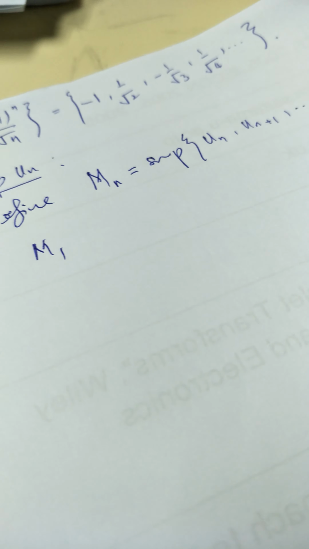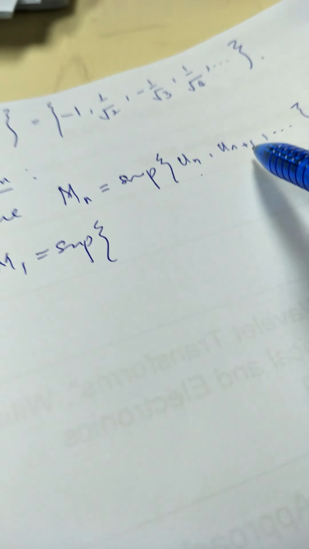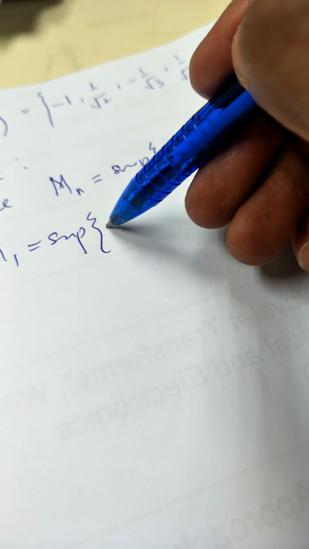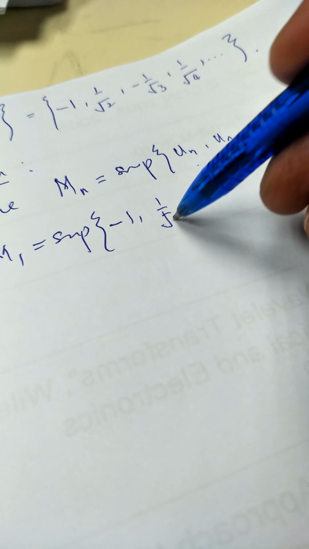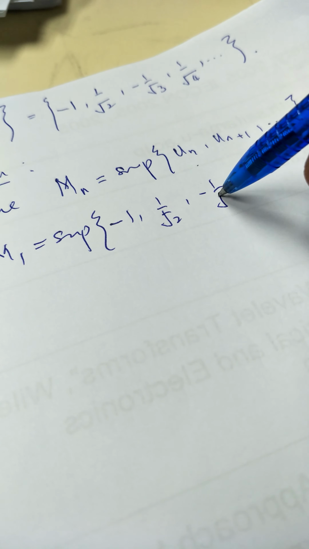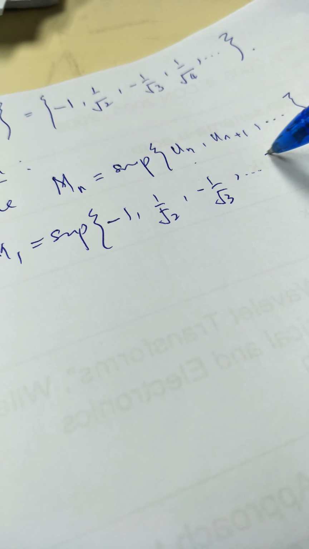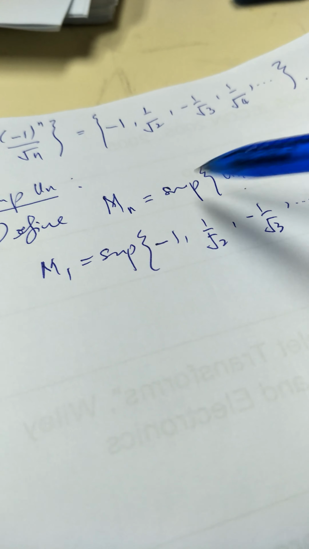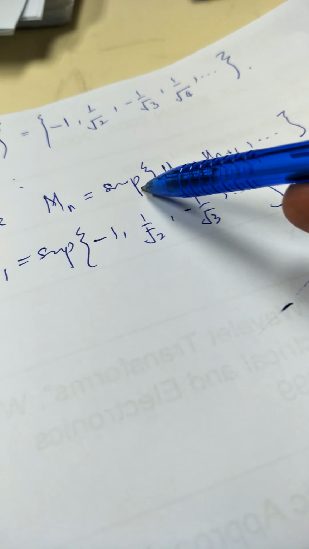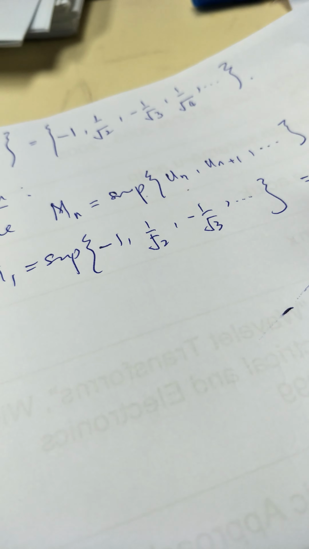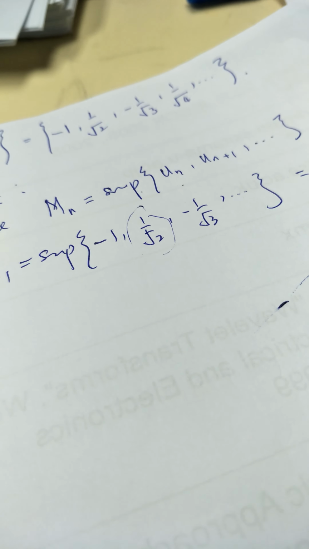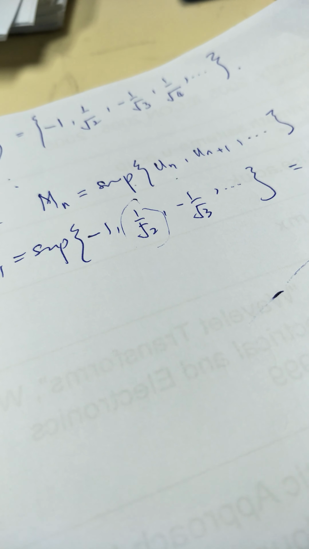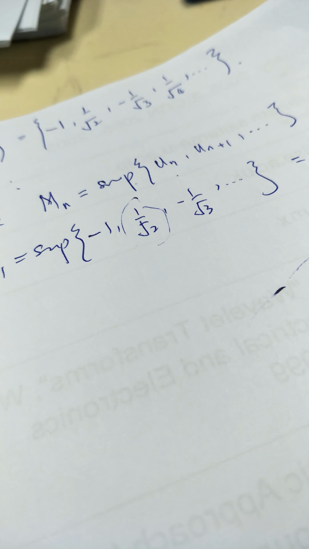Then we find what is M1. M1 is the supremum of u1, u2, and so on. So u1 is minus 1, 1 over square root of 2, minus 1 over square root of 3 and so on. And you can see, the supremum is the least upper bound. So in this case, the upper bound is 1 over square root of 2. So that's our upper bound.